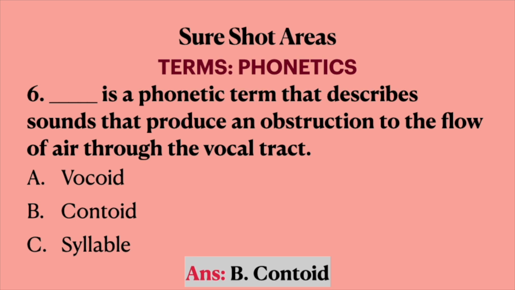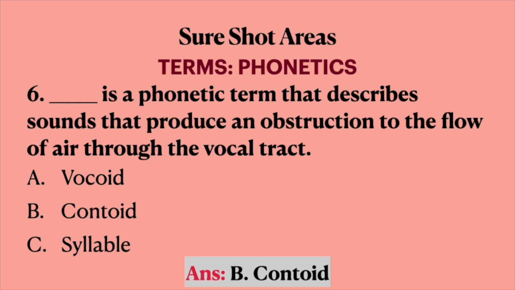Vocoids are sounds made with open oral cavity without any friction. All pure vowels are vocoids. Most of the consonants are contoids and they are produced with some amount of oral friction. For example, vocoids: E, A, U. There is nothing obstructing the airflow.